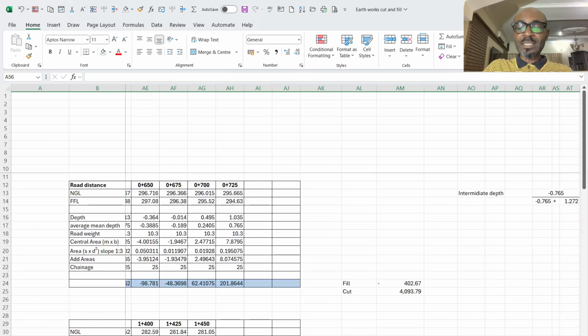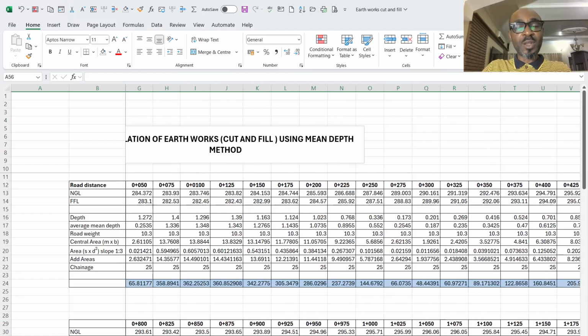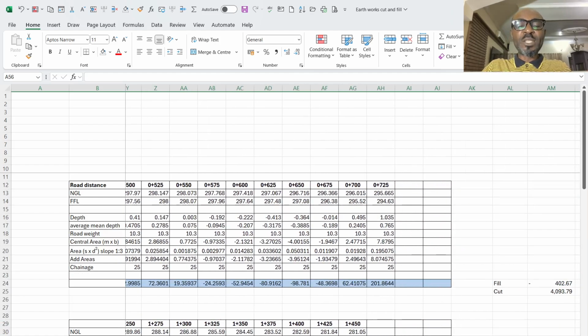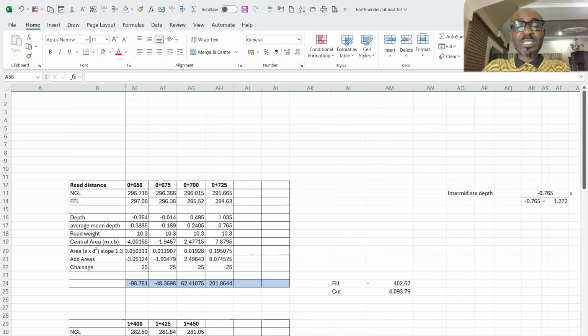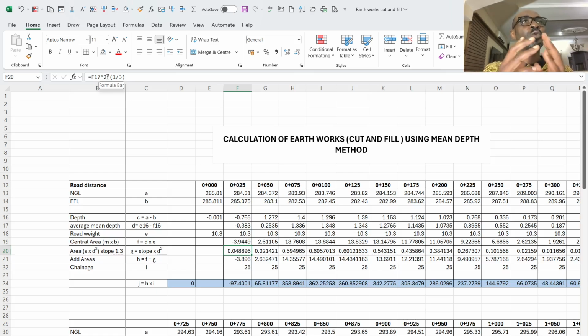So after doing that, because my table has the combination of both cut and fill, for me to cipher it out, yes, there's something I needed to point out, like the slope. As you can see, Excel has a lot that you can exploit to ease your job.